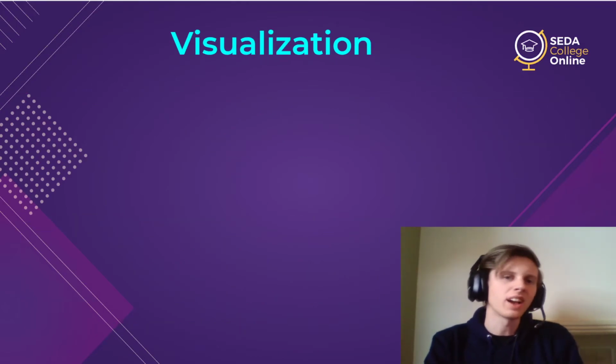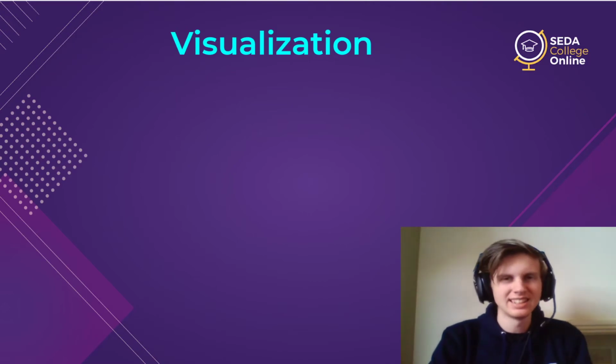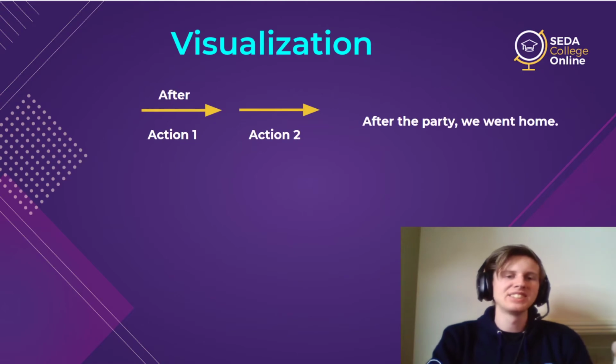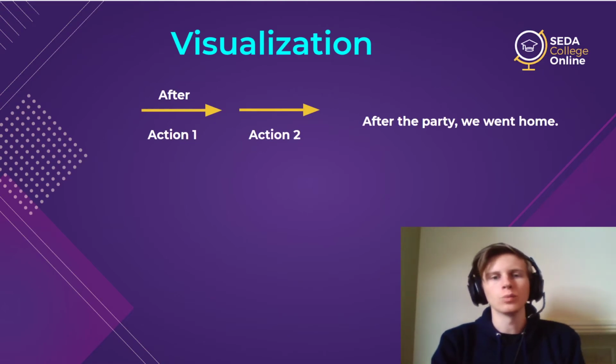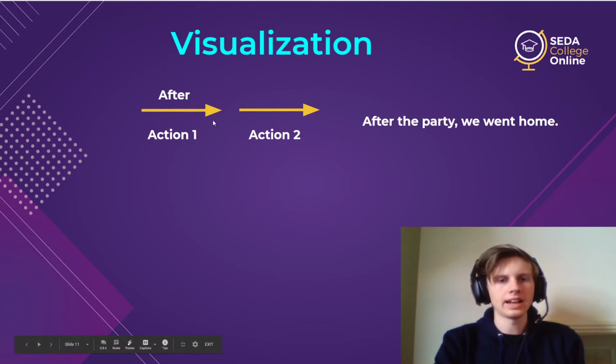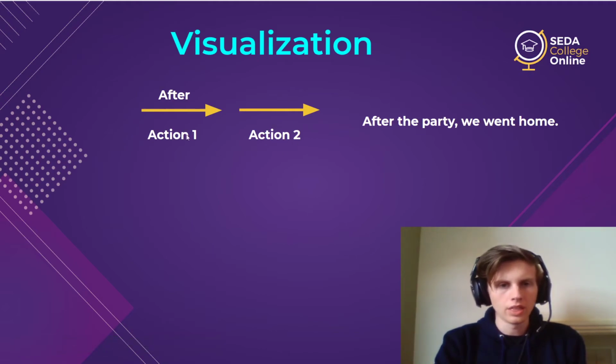So I've made some pictures here, to help you see. I hope it helps you see. So let's look at after. This is the first idea. After the party, we went home. So here we have action one and then action two. We went home here, action two, and then the party as action one.